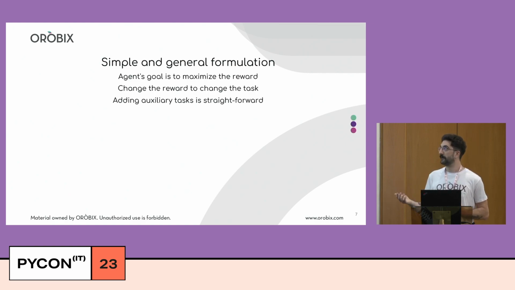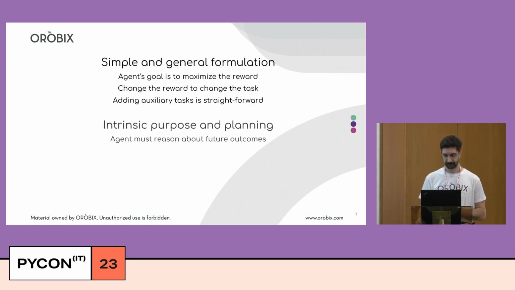But maybe if we take the example of Pong before, you can give a reward if it hits the ball at a 45 degrees angle, which is crazy, but you can do it, right? And the only thing that you have to do is to change the reward. And so adding auxiliary tasks is straightforward, because you keep adding those rewards, and as long as the agent is going to maximize those rewards, you can learn new tasks like that.